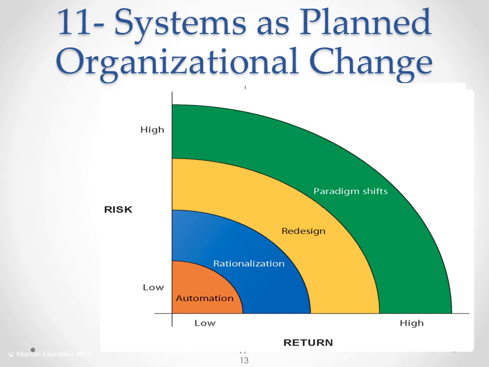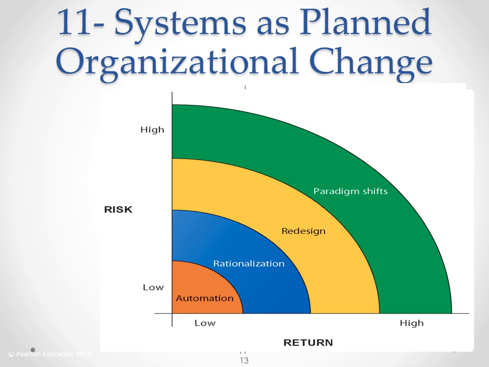Redesign reorganizes workflows, combining steps to cut waste and eliminate repetitive tasks and jobs. This stage of change is with a high risk. We go up in the risk. At the same time, the return is considered to be high.